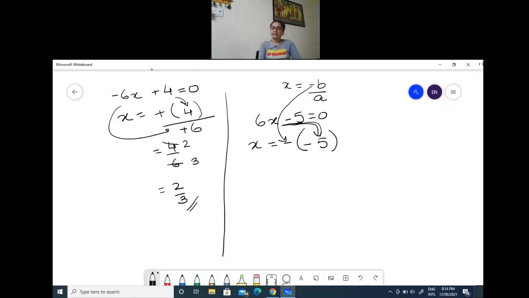But no, this is minus of minus 5 upon the value of a, which is 6. Now minus minus becomes plus, so 5 upon 6. So the value of x is 5 by 6. I hope this concept is clear to you and it is very helpful for MCQs and also in future if you're planning to give any entrance exams.